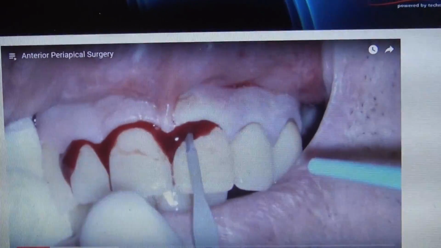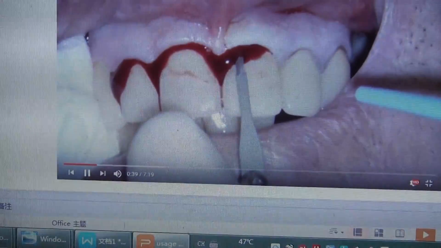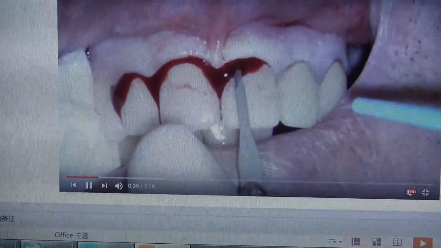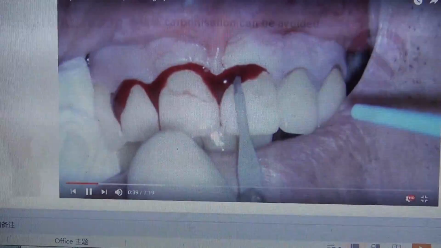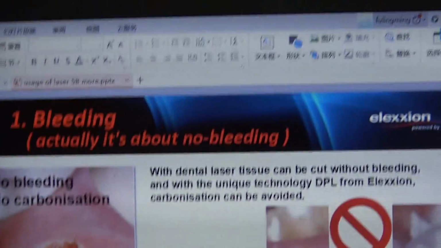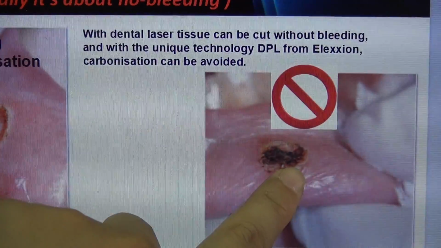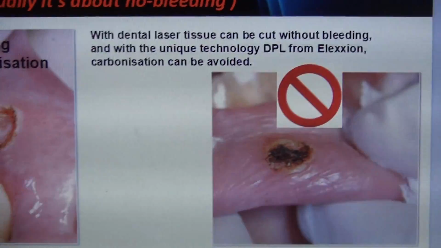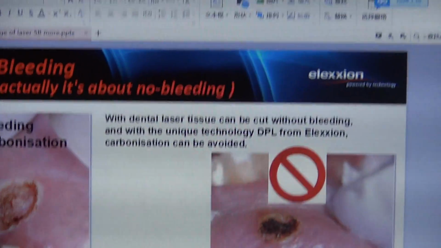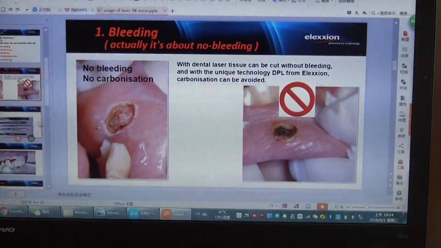So in this case, the laser is better for this job, because with a laser you will not have a lot of bleeding. And with the diode laser, you can cut without carbonization. In this video, I just want to explain that the laser is useful for doctors.